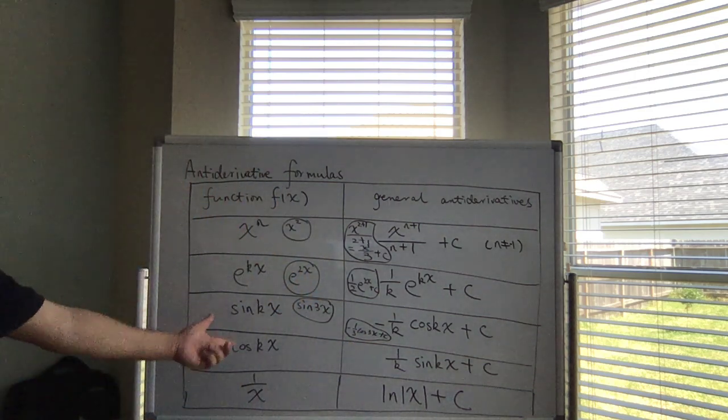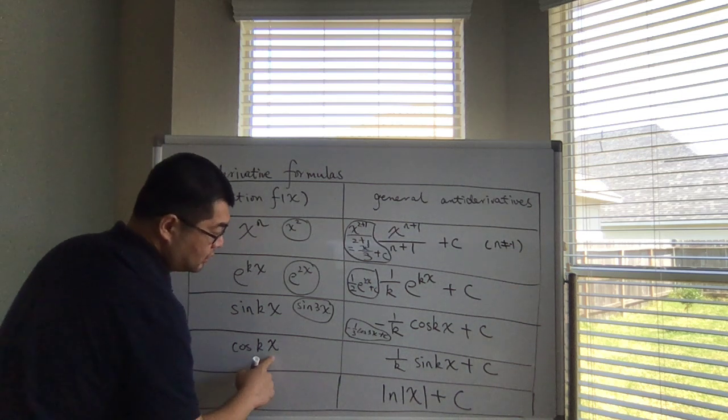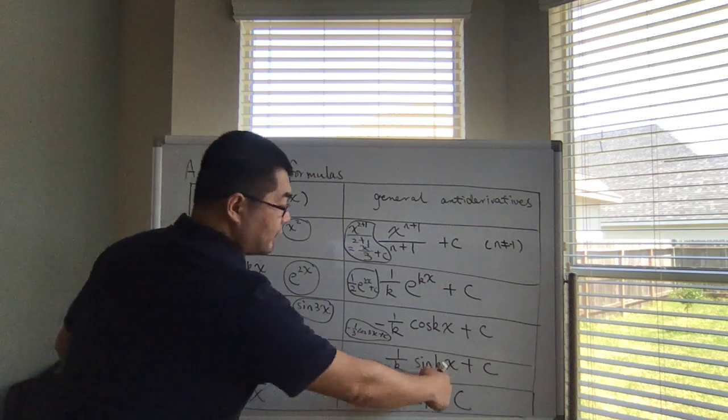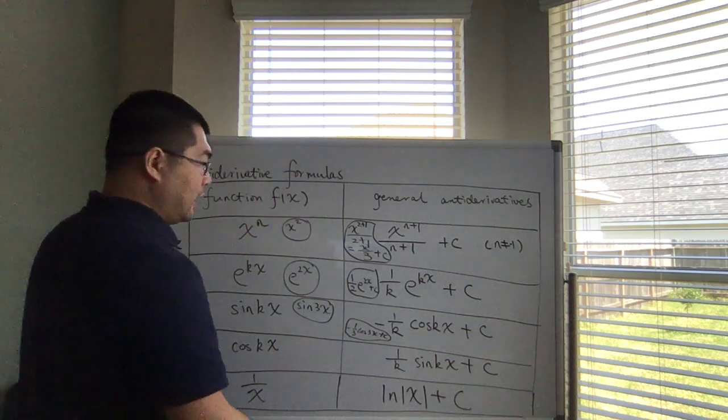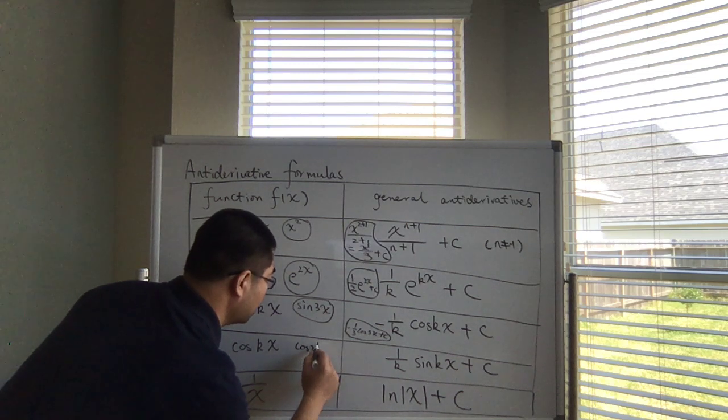All right, so the next one, cosine of kx: the antiderivative is 1 over k times sine of kx plus c. For example, what if we have cosine of 2x?